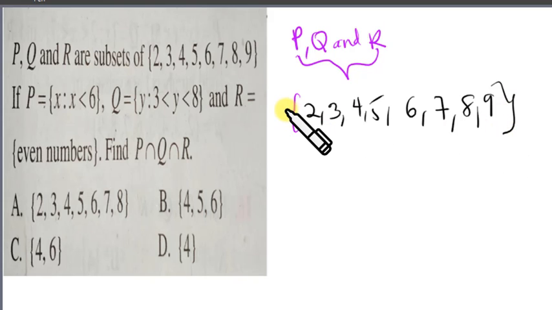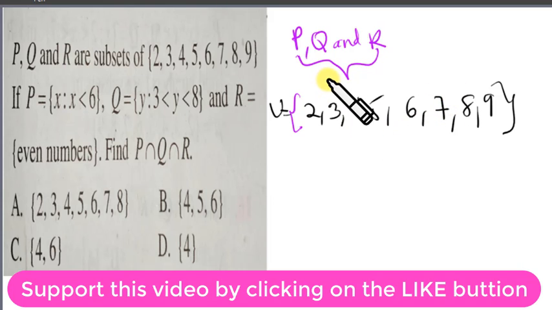So in other words, that is our universal set, because all these sets are subsets of this. That is to say, all these sets can be found in this bigger set. So this set is the universal set. In other words, any element in the set P or Q or R must also be in the universal set.